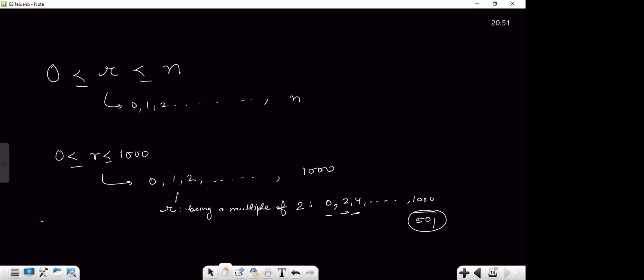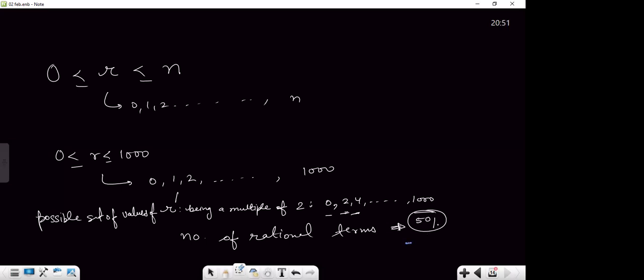So this is the possible set of values for R. So these are the number of rational terms: 501. This was a really good question.